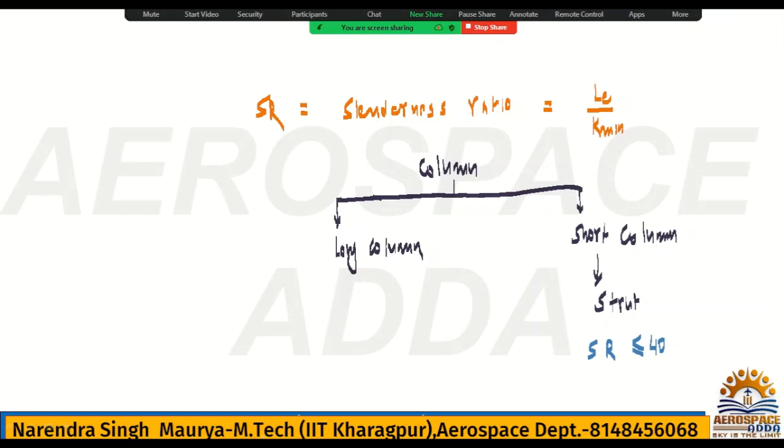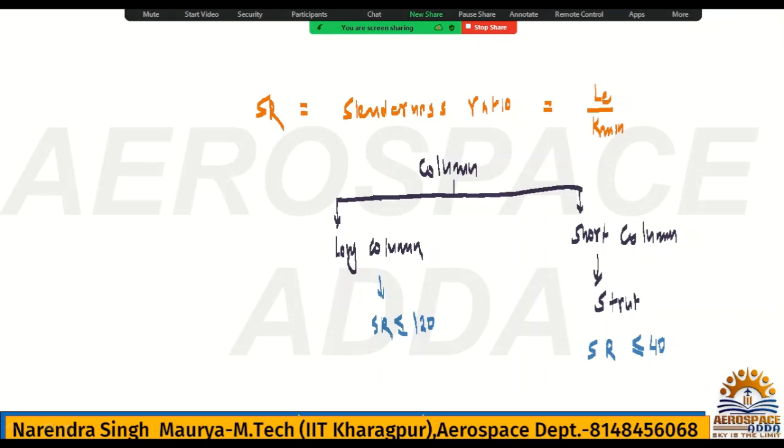Similarly, for the long column the slenderness ratio will be equal to or less than 120.